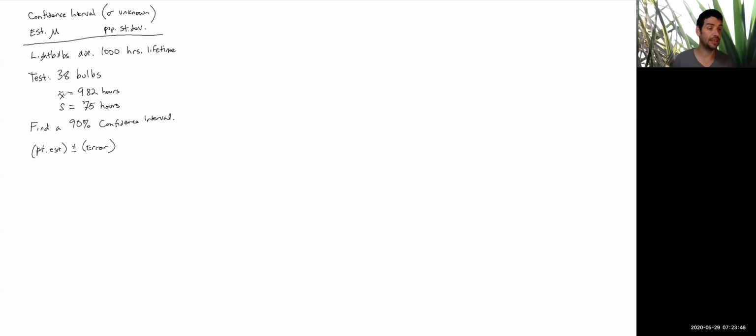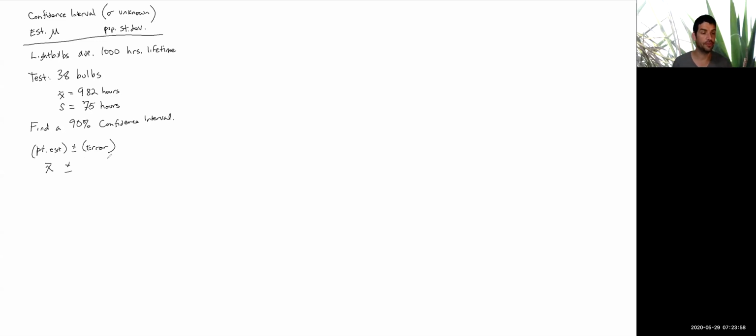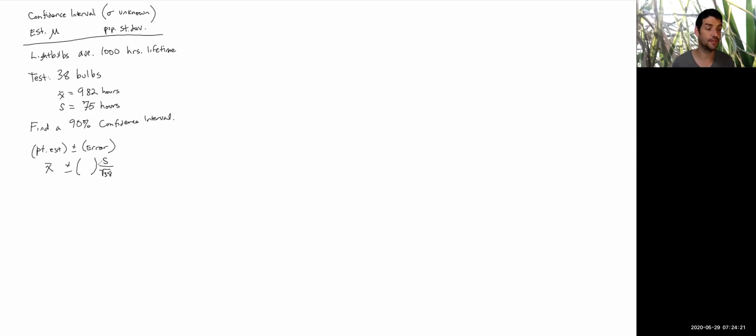Our point estimate in this case is going to be X bar, and our error, well, if you recall the error from the previous one, we would take the standard deviation of the population and divide by the square root of the sample size. We're still going to do that with the sample standard deviation, S over the square root of 38. However, in the previous type of problem, we multiplied by the z-score associated to a 90% confidence interval.